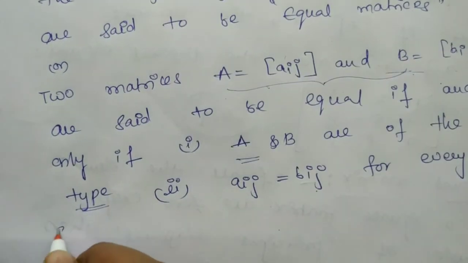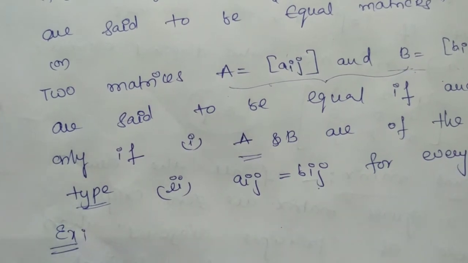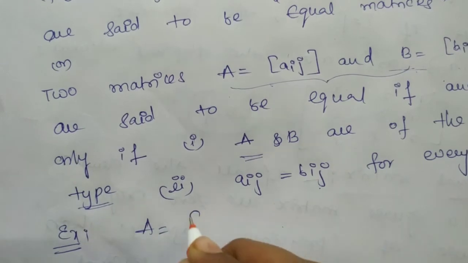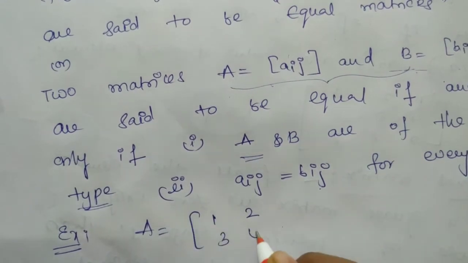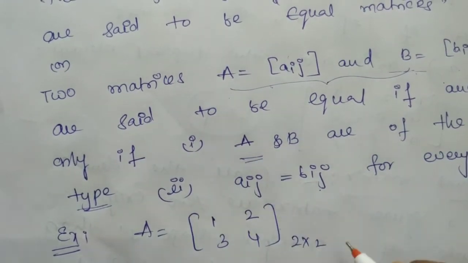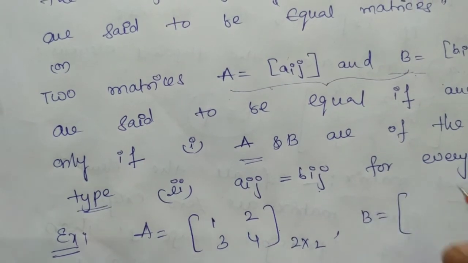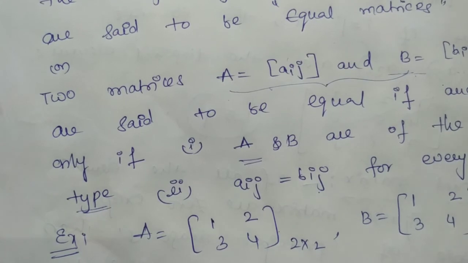So here I am taking one example of equality of matrices. I am taking A matrix: 1, 2, 3, 4. So this is a 2 by 2 matrix, and I am taking B matrix: 1, 2, 3, 4, also a 2 by 2 matrix.